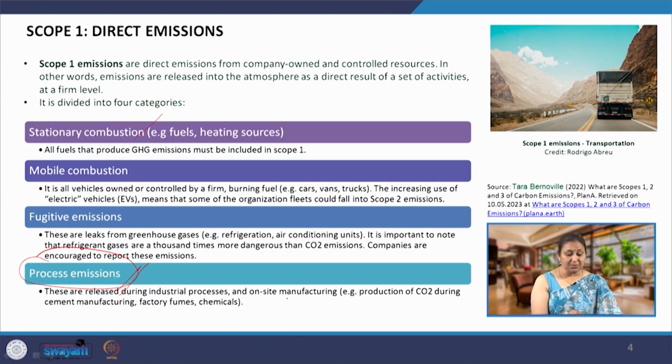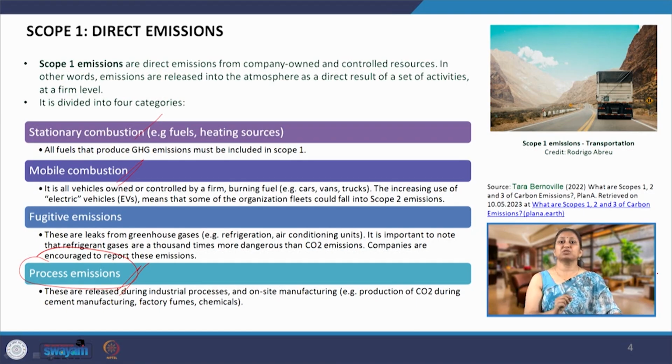The second one is mobile combustion. So, this stationary combustion is actually taking place at a stationary unit. The second one is mobile combustion, which is largely coming from transportation. For example, we have a fleet of buses, which is what we were discussing in previous lectures also. We have a fleet of buses which is used to bring the employees to the office.